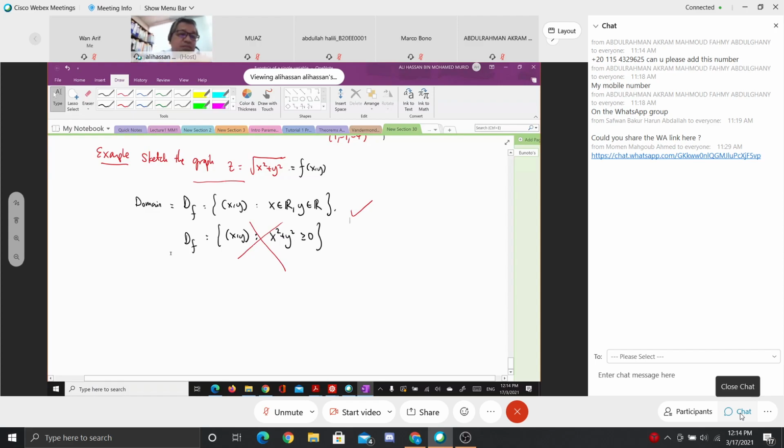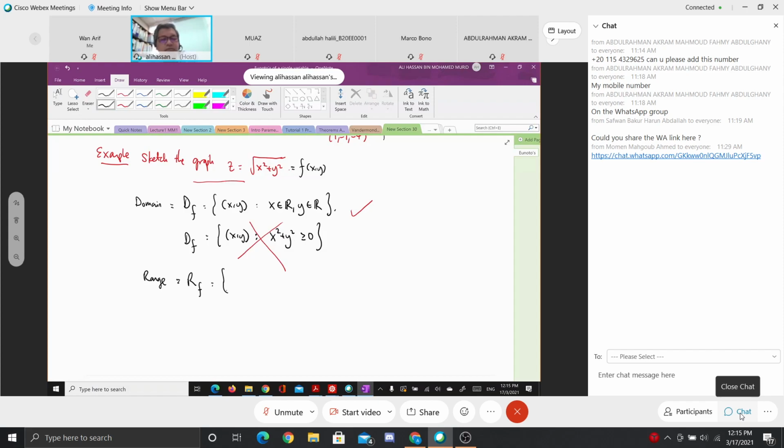What about the range for this function? Anybody? What do you think is the range? It must be greater than or equal to 0, right?